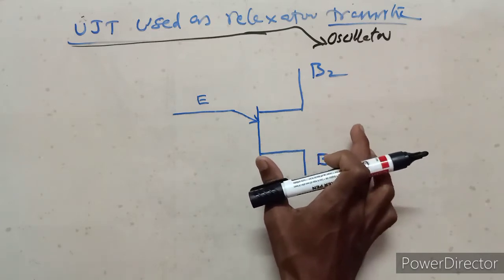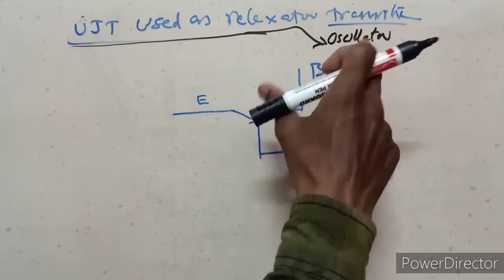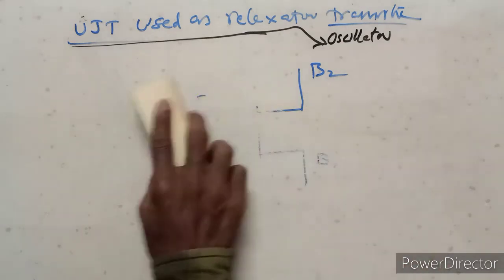How is this unijunction transistor used as a relaxation oscillator?